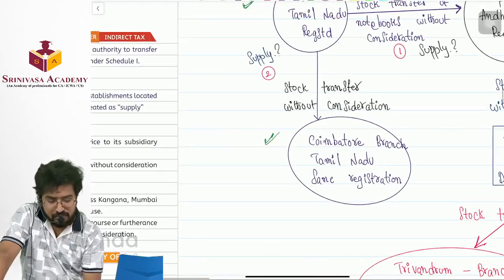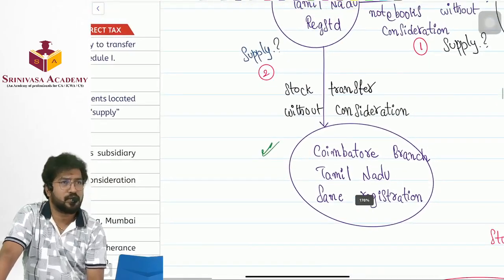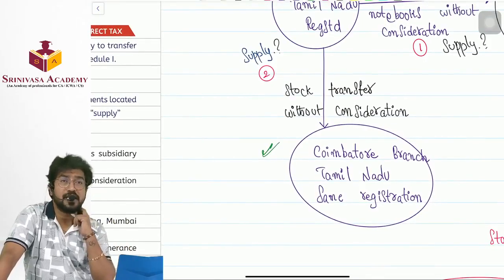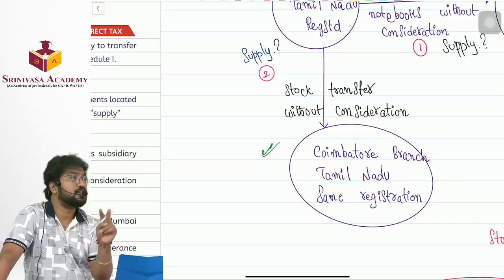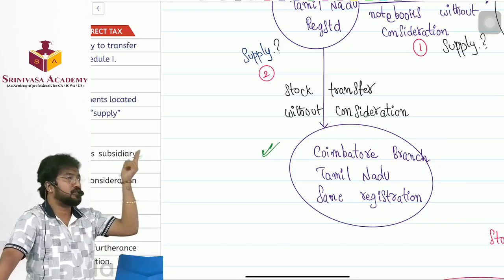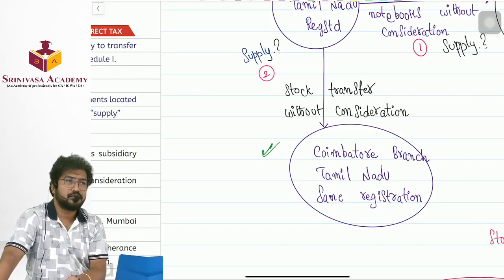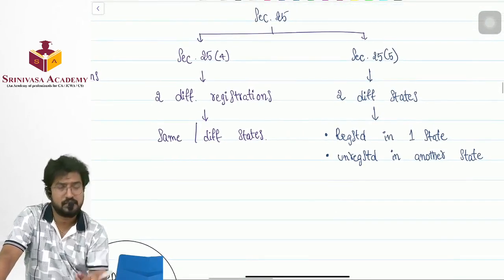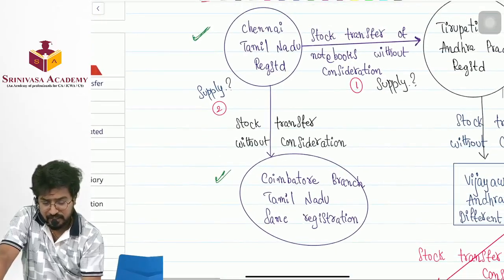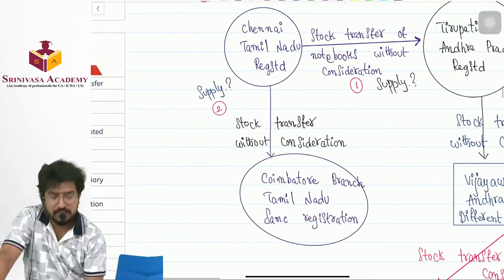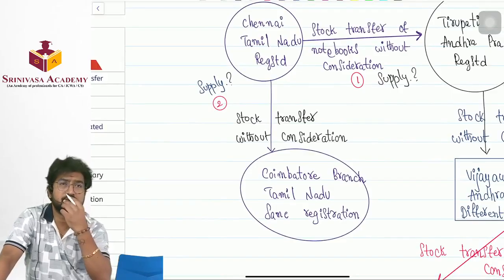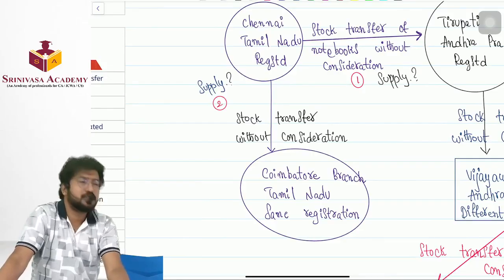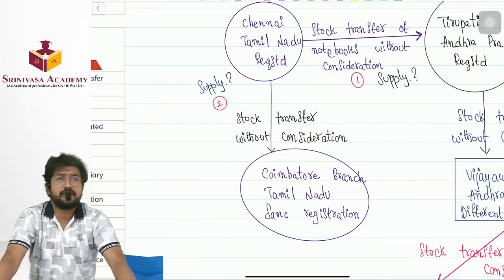Chennai and Coimbatore have the same registration, so one. Can you call them distinct persons? No. Under subsection 5, to call them distinct persons, you need at least two states. Distinct persons is dealt with in two cases, and both are not satisfied here, correct? So can I call you distinct persons? Is it supply? If you are not distinct persons, without consideration it cannot be called supply. Am I clear, everyone?